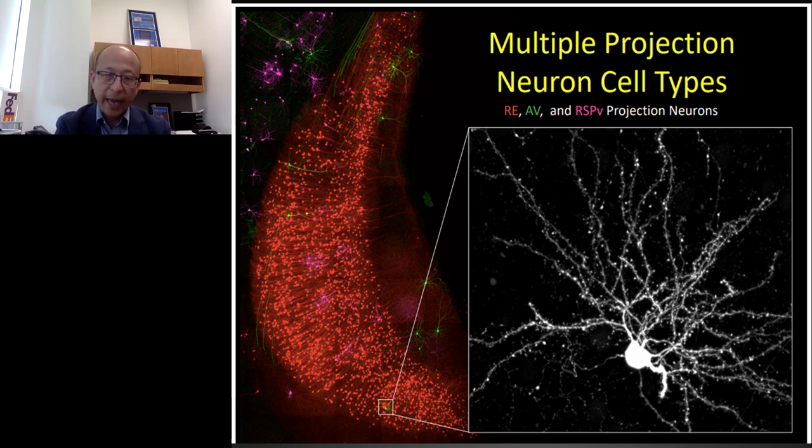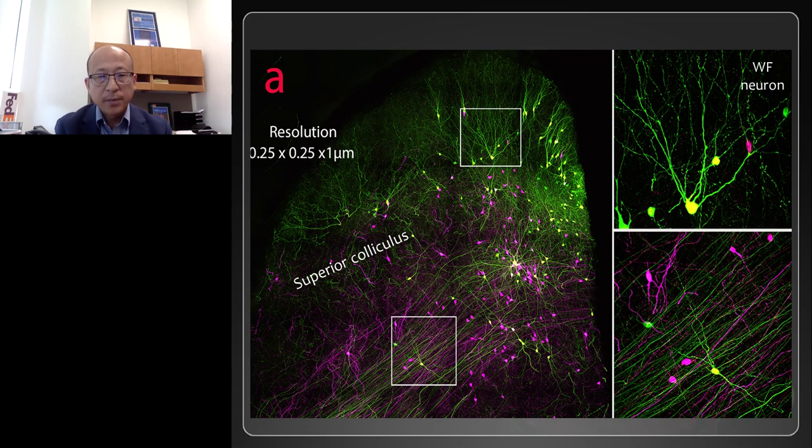And also we can map the axons from these neurons. And these different colors represent different neurons. So this red color neuron projects to the reuniens thalamic nucleus, and the pink neurons here project to retrosplenial areas. And also we use this same strategy to label different neuron populations in other brain structures, such as the superior colliculus.